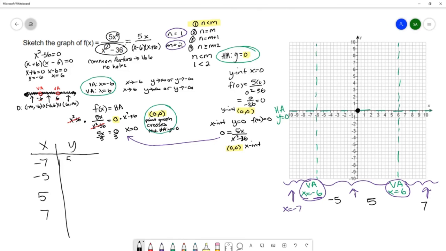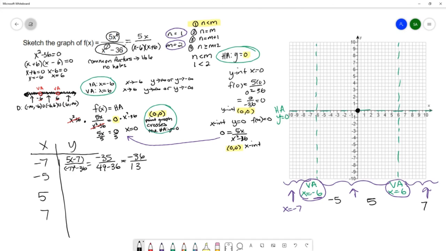It's 5 times -7 over -7 squared minus 36. 5 times -7 is -35. -7 squared is 49. 49 minus 36 would be 13.